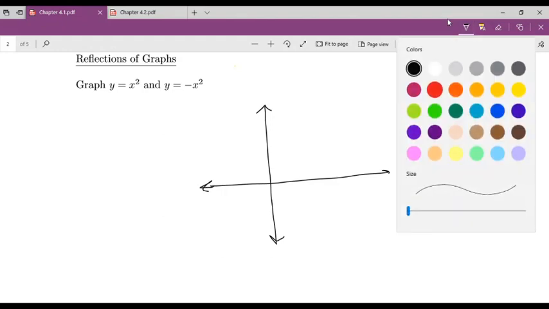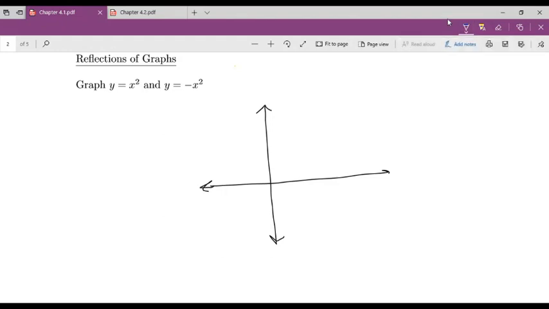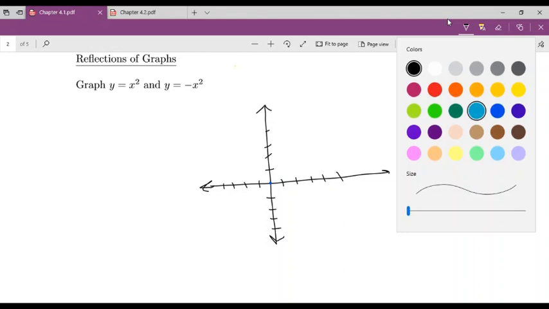So for the first one, I'll do it in blue. Okay. Y equals x squared. So 0, 0 is definitely a point there. Let me draw some tick marks here so we can graph it a little easier. Alright. So that one's blue.